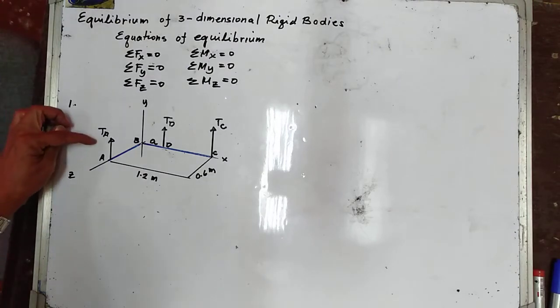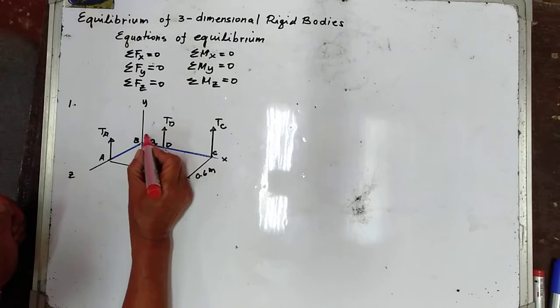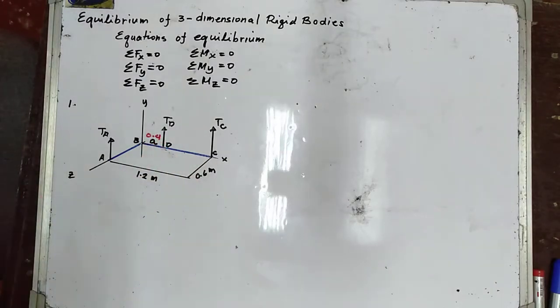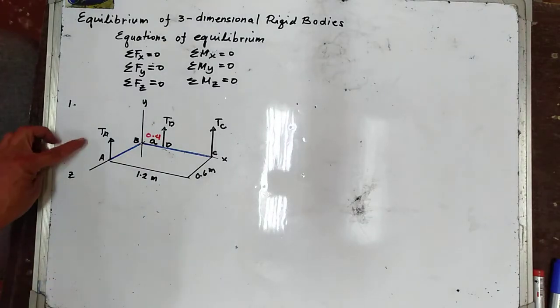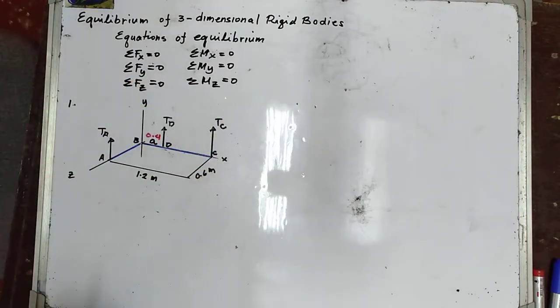So you have your TA, TD, and TC. Knowing that a is equal to 0.4 meter, determine the tension in each wire. So we are required to determine TA, TD, and TC.